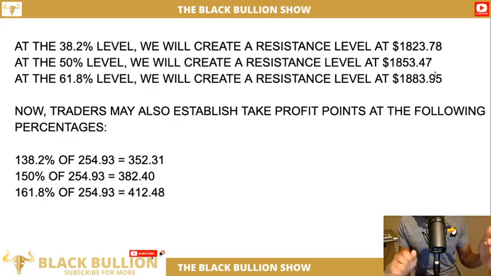I'm just saying that these are potential resistance levels based off of Fibonacci modeling. And also remember, you can't just rely on Fibonacci retracements, though many people unfortunately do. You need to also take into account other metrics to help you establish resistance and support levels.